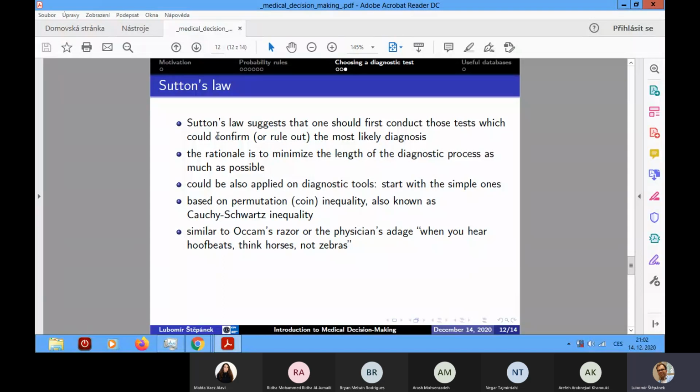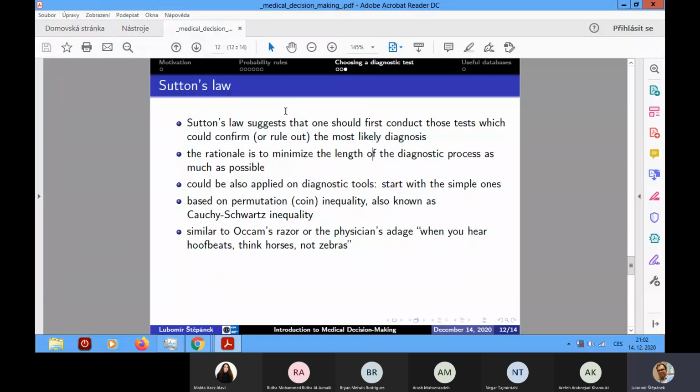So there's a method behind this. But what is Sutton's law about? Sutton's law suggests that one should first conduct those diagnostic tests which could confirm or rule out the most likely diagnosis.